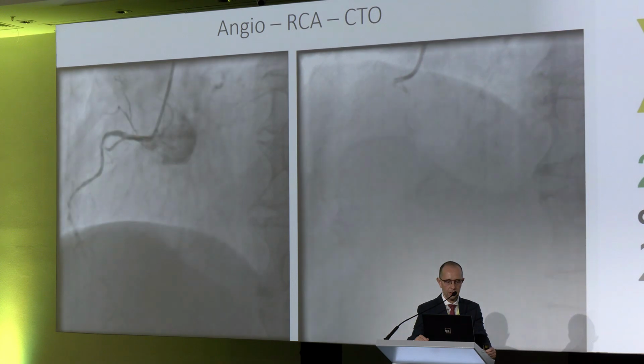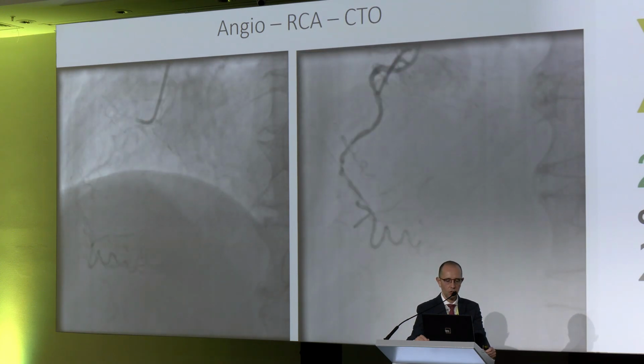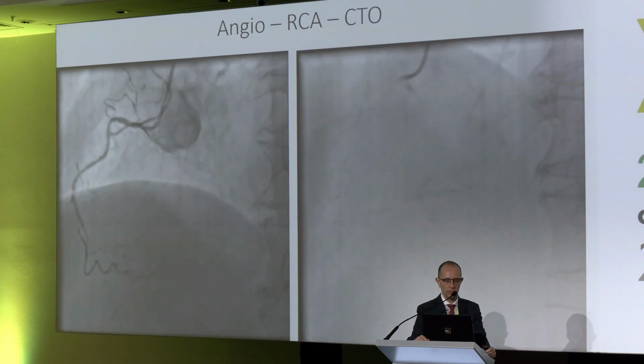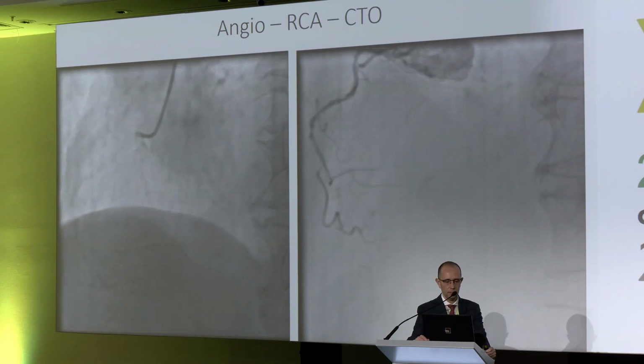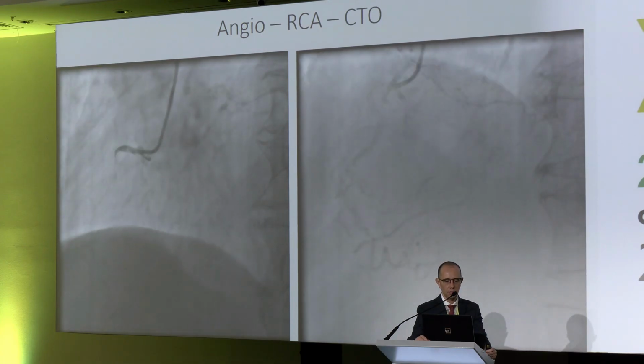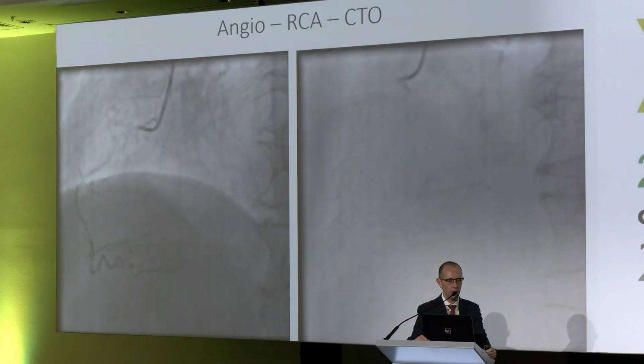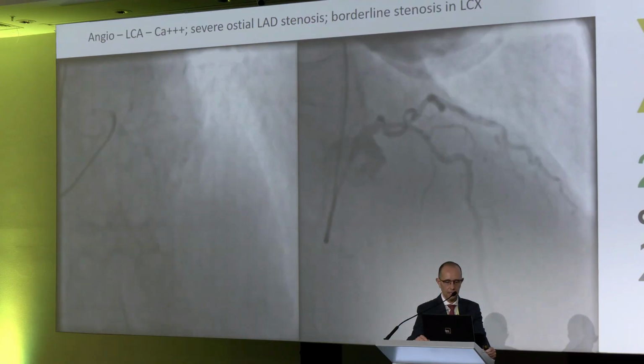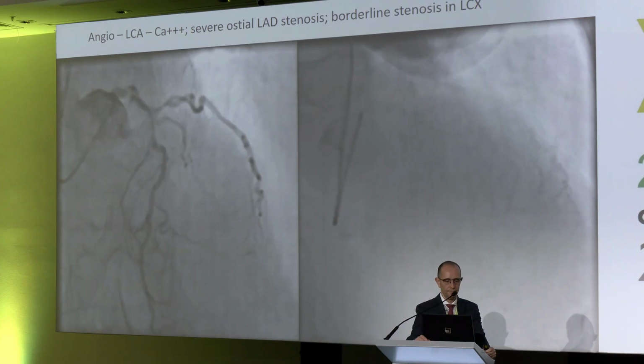This is the angio of the right coronary artery. As you can see, it's diffusely diseased with a lot of calcium, significant stenosis in the mid, and chronic occlusion in the distal part of the artery. And this is the left system.